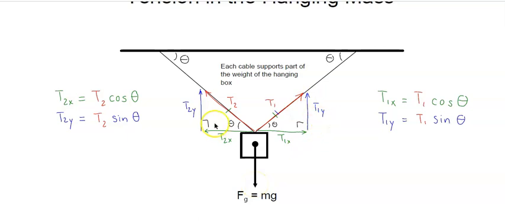So these two blue vectors have to add up to be equal and opposite to the weight. And it should make sense to you, especially when the angles are equal, that both of these blue vectors are really half the weight. If this has a mass of 10 kilograms, this is 100 newtons. That means both blue vectors would be 50 newtons each. 50 plus 50 is 100 pointing up, canceling 100 pointing down.